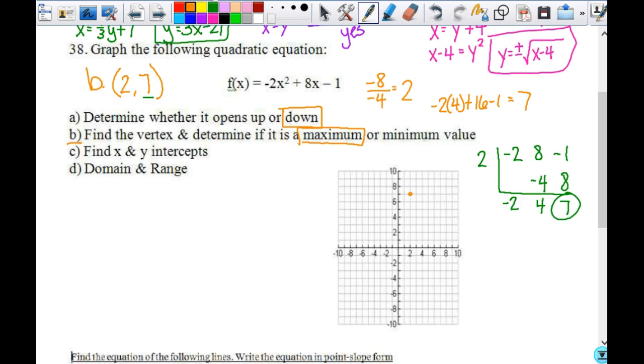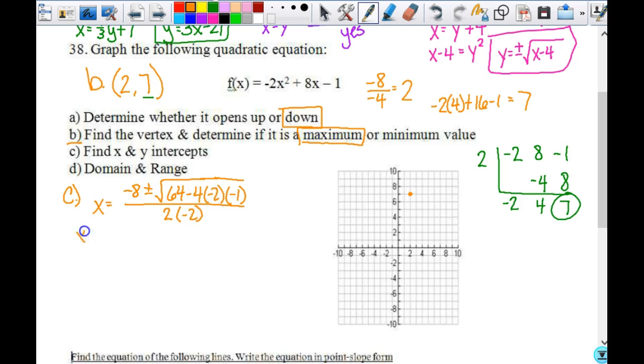So I want to find the x and y intercepts. So to find my x-intercept, I'm going to try and factor this. Doesn't factor, so we are going to use quadratic formula. So for that, x equals negative b plus or minus the square root of b squared minus 4 times a times c, all over 2a.